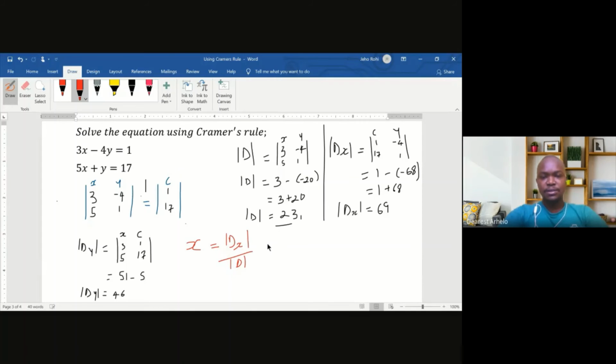And that gives us 69 divided by d, which is 23. So therefore, 69 divided by 23 gives us 3. So x is 3.